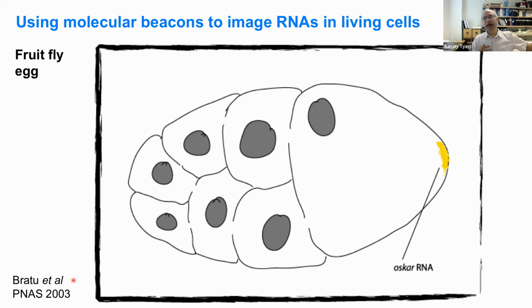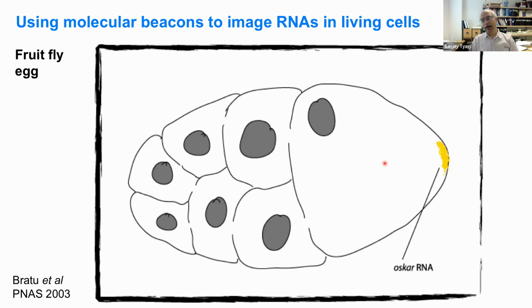And we chose a system in which it was known that the target RNA is not distributed homogeneously in the cell, but is localized in a particular portion of the cell.